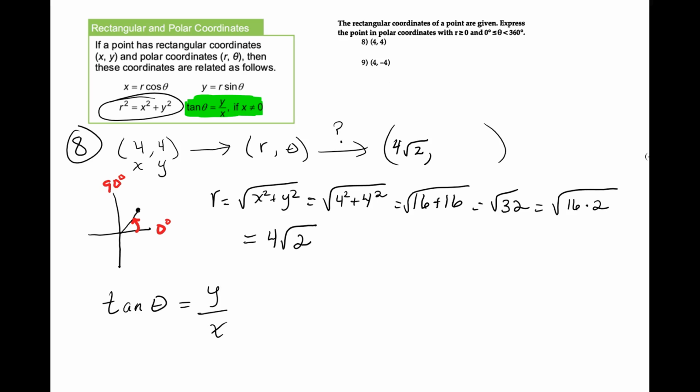And we're going to say then 4 divided by 4 in this case, which is 1. So we're looking for a value of theta where y divided by x in the first quadrant, and I guess I forgot to write that down, but we are dealing with the first quadrant, where y divided by x is 1. That means x and y have to be the same coordinate values.